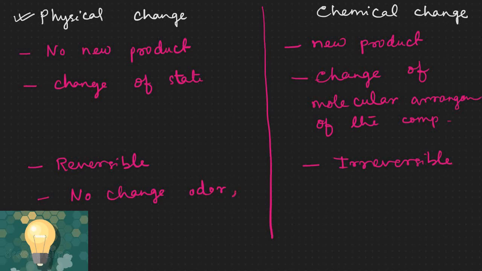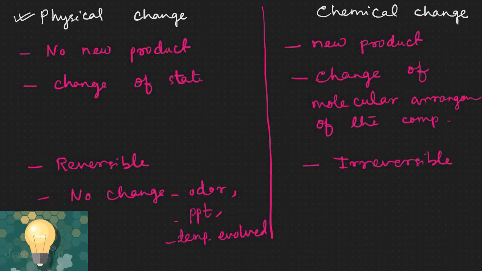Okay, so there is no precipitate formed, there is no temperature evolved or absorbed. So these are the things you have to introduce in physical change, whereas there is no change. Okay, so there is no new product, that's why these changes are not applicable.